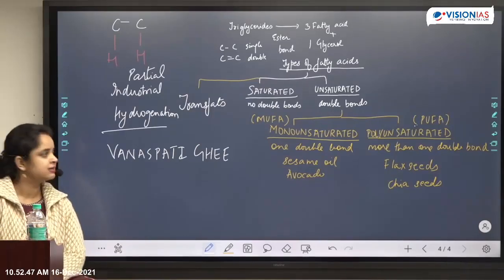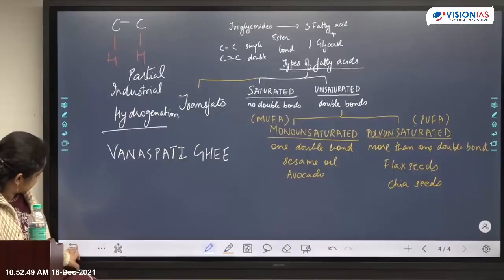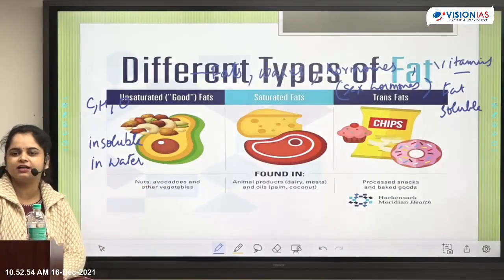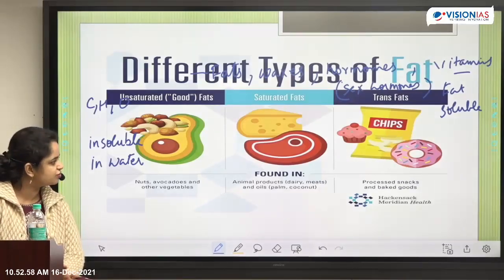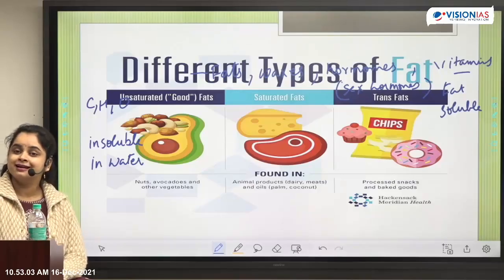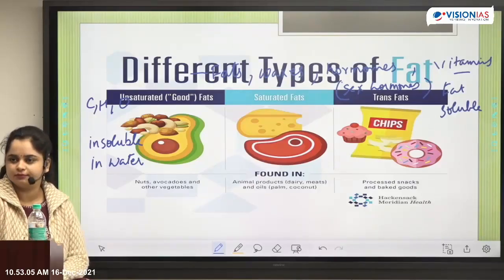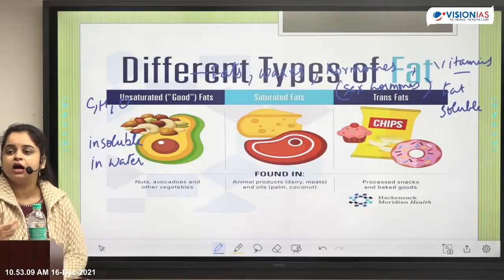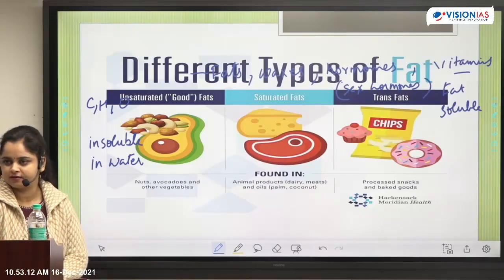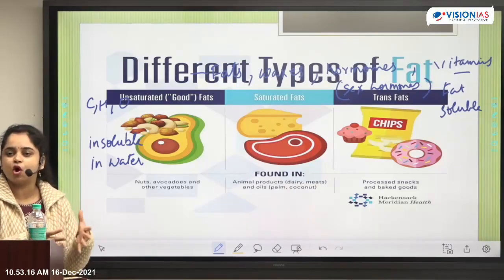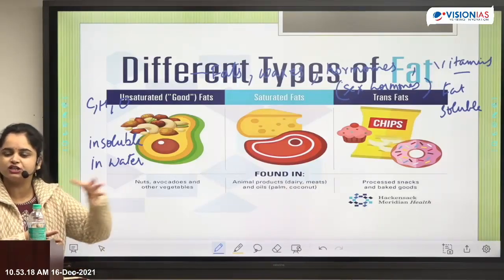Second thing is, if we see in this picture, we have our processed food in this category of trans fats. Processed food like chips, bakery products, namkeen, they are supposed to be preserved. Trans fats have a better property, a longer shelf life. So they are helpful in any products which are supposed to be stored and consumed later on.